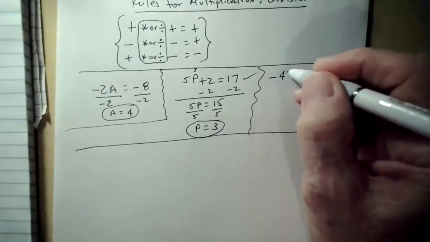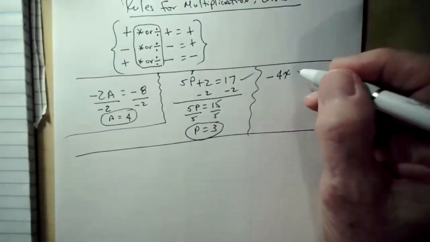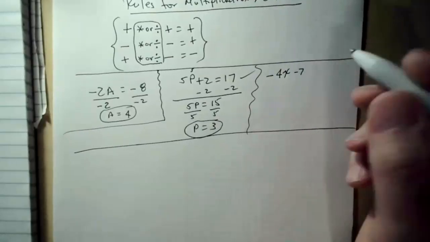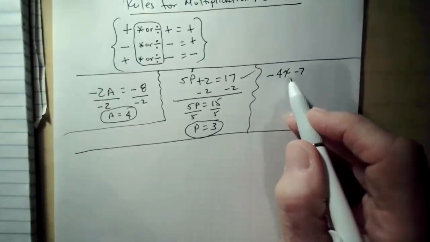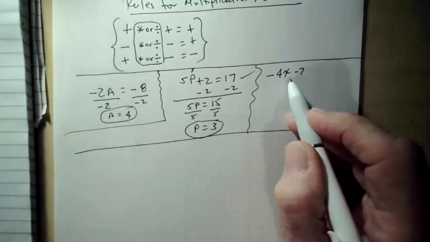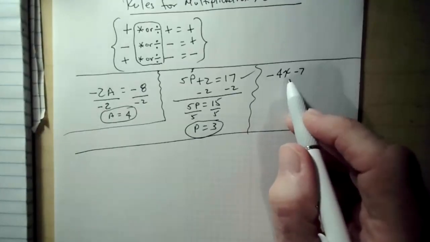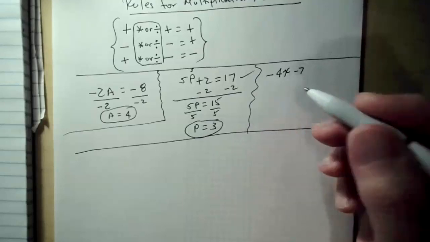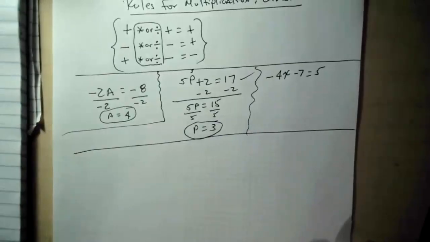Negative 4x minus 7. Now for the variable x, please use a cursive x so you don't get it mixed up with multiplication, even though we don't use x for multiplication. But get used to doing that. Equals 5.